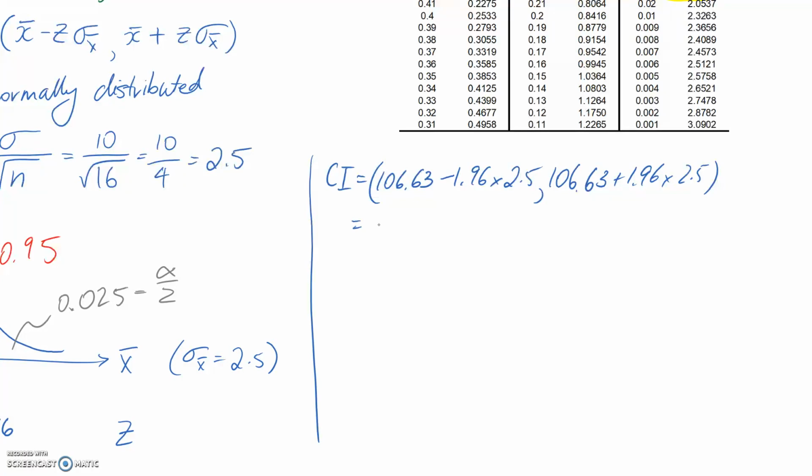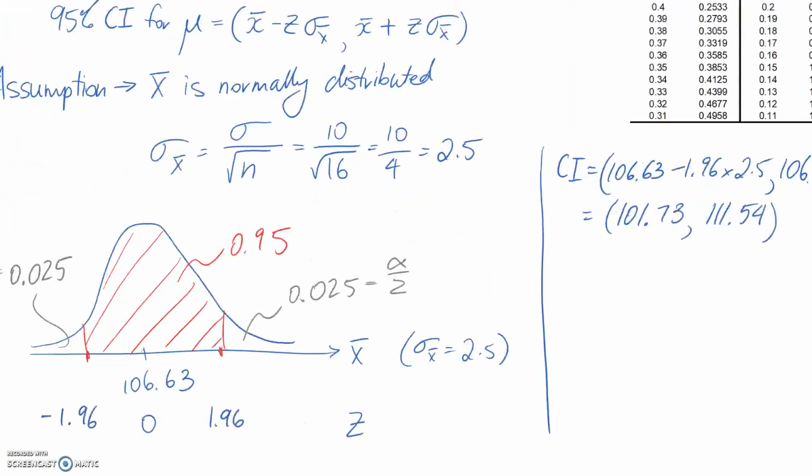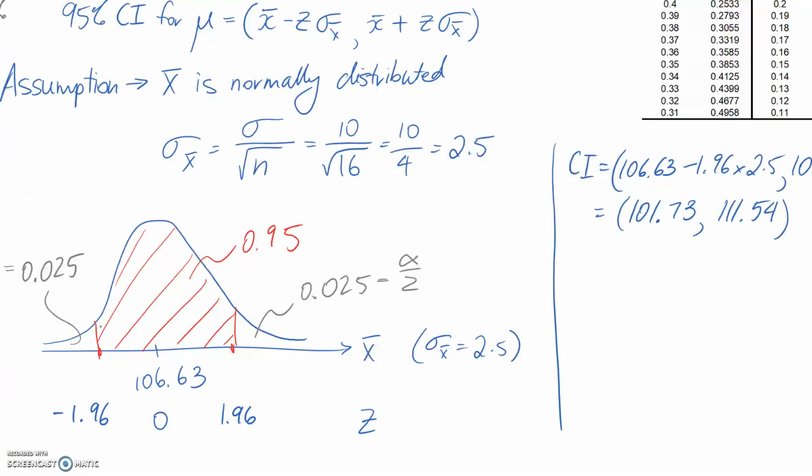So if you type this into a calculator, you end up with the lower part becoming 101.73 and the upper part becoming 111.54. If we look at it back on our diagram over here, this part, that's that 101.73, and this one here is the 111.54.